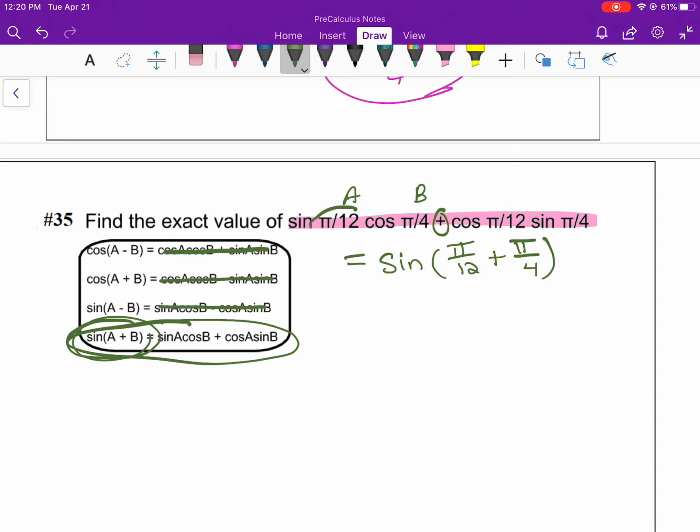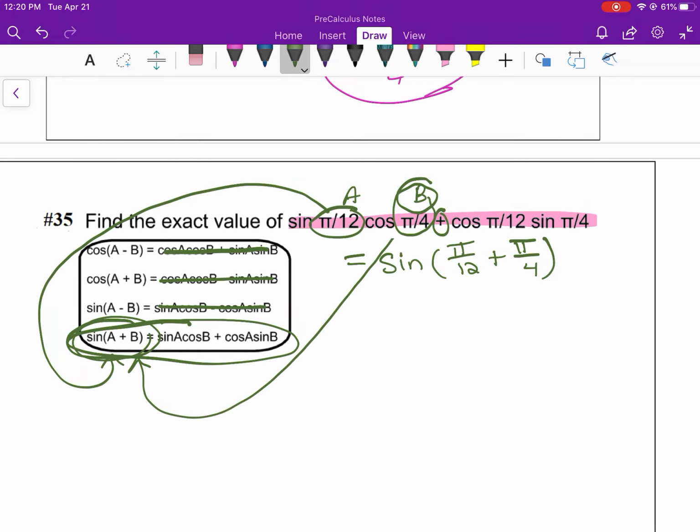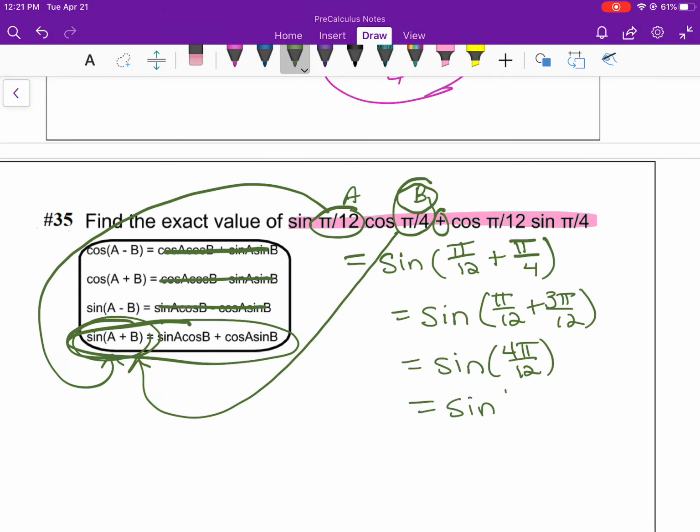So again, I'm taking pi over 12, I'm putting that in for A. I'm taking pi over 4, and I'm putting that in for B. I'm going to add these together with a common denominator of 12. And that's the sine of pi over 3. And that's radical 3 over 2. So it said find the exact value, so again, that means doing it without my calculator.